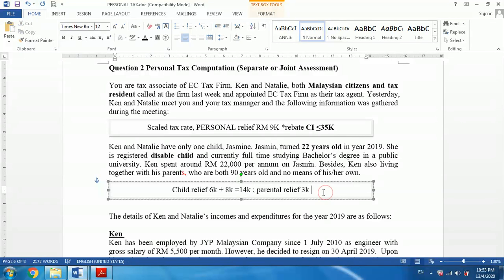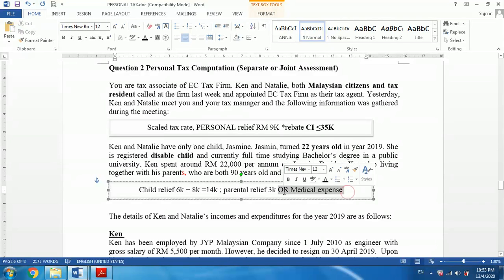But please check your question again on whether he paid any medical expenses on the parents or not, because these are mutually exclusive. In this question, if you go through, you notice that Ken does not spend any medical expenses on his parents, so he will only be entitled to claim a parental relief of 3K.